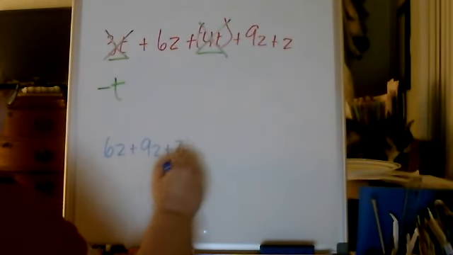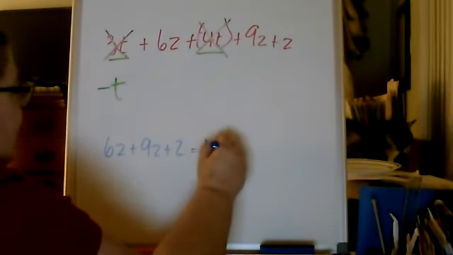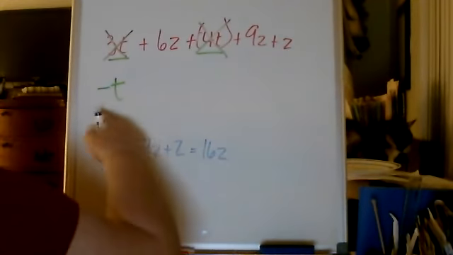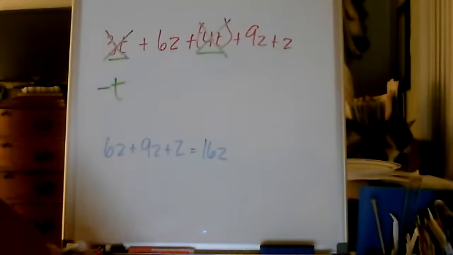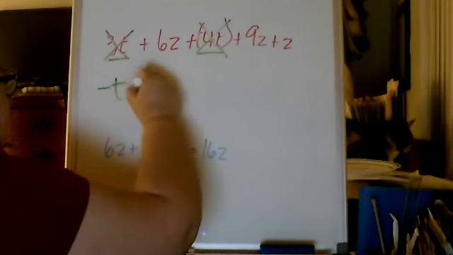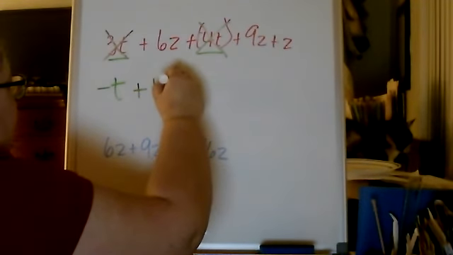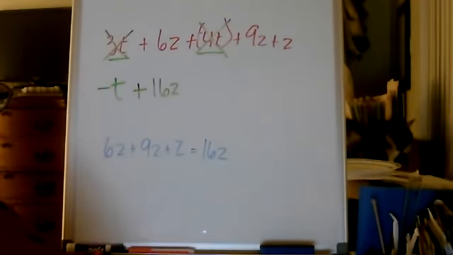So 15, 16 is going to be 16Z. So when we combine that together, our negative T plus 16Z is our answer. Okay, one more.